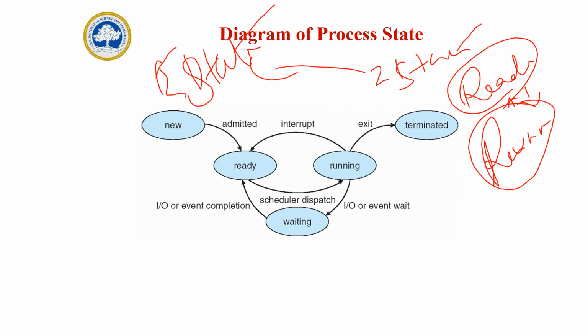So if any job wants to get executed and the memory is not available, what will happen? Even though the process is ready with all the resources, since memory is not available, it will not come for execution. So that is the main drawback.